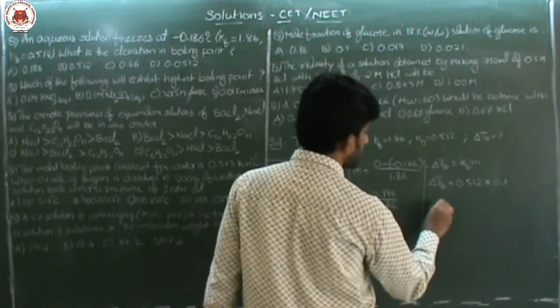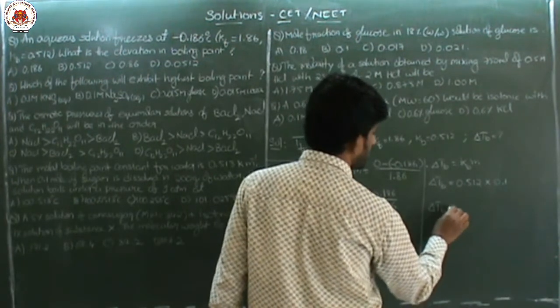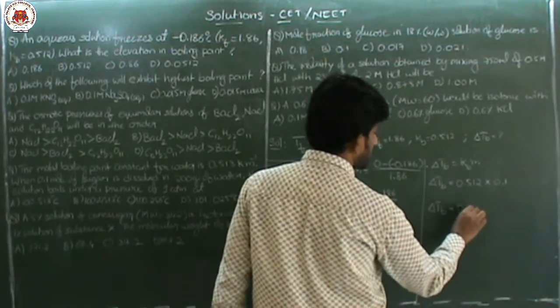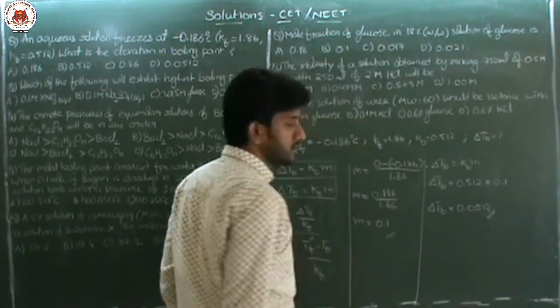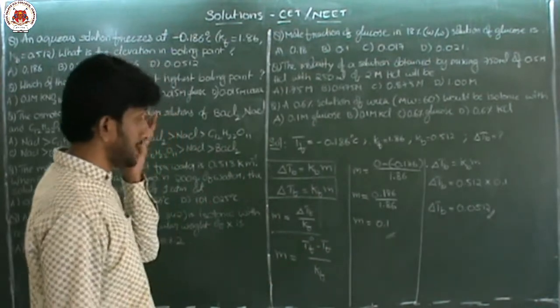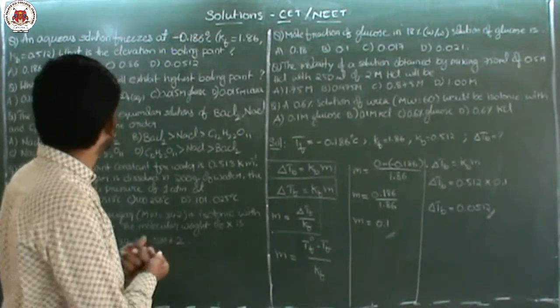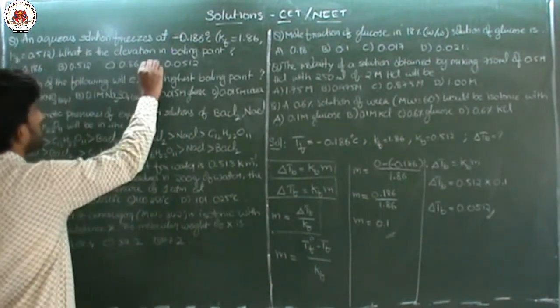So the elevation in the boiling point delta Tb is 0.0512. 0.0512 is the answer. It is option D.